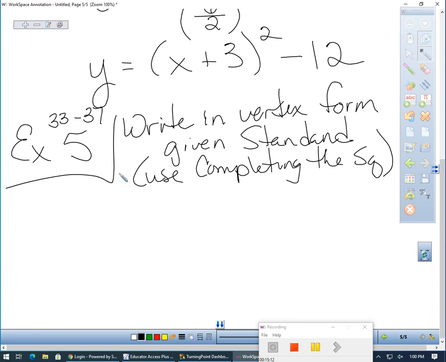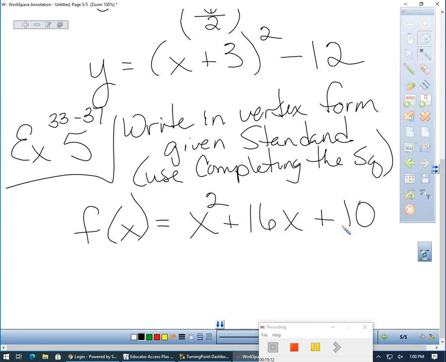Okay? All right, so let's do, how about f of x equals x squared plus 16x plus 10.